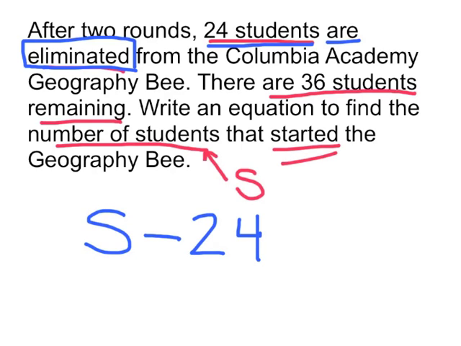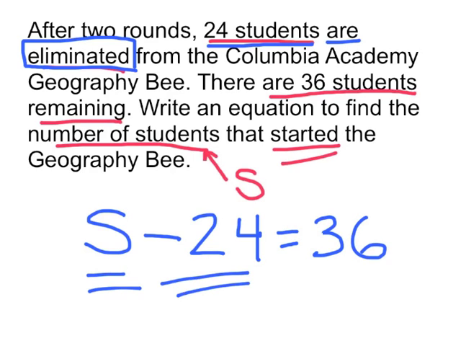And in the end, there are 36 students remaining. So we need to have equal to 36. We started with S students, we took away 24, and then we finished. We equal 36 remaining students.